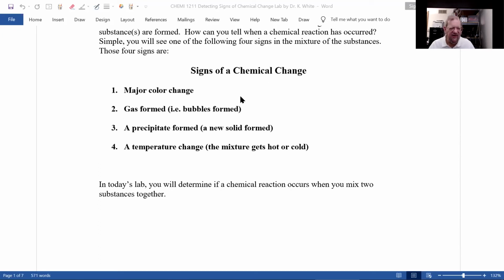The next sign of a chemical change is if a precipitate forms. What's a precipitate? That means you see a new solid. How many of you are familiar with the snow globes with the little snowman inside and you shake it all up and you see the little white particles come down?